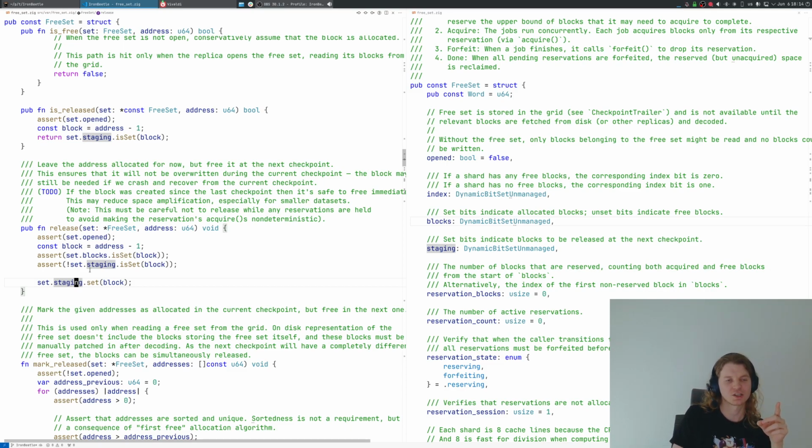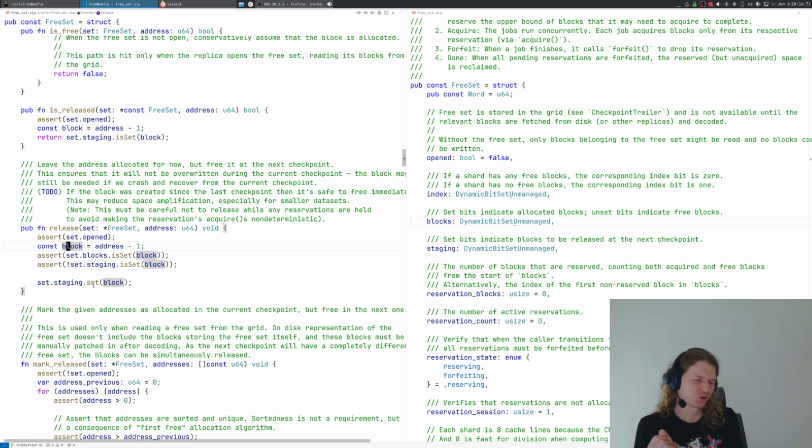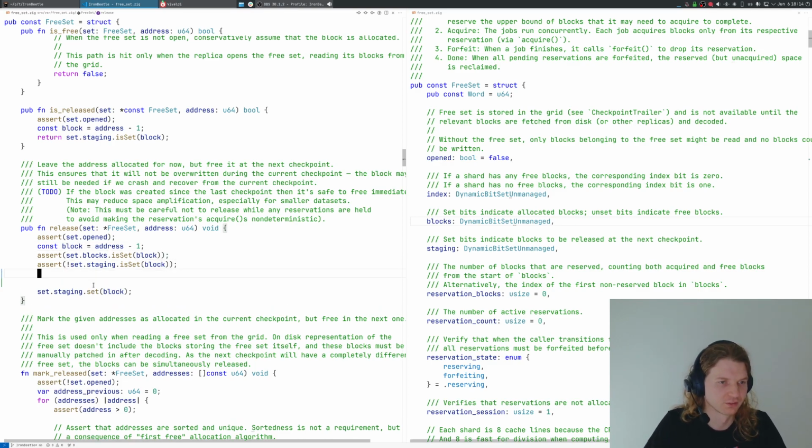One interesting thing here is addressing. The address of a block, a u64, is actually always 1-based. So when we want to toggle a bit, we go and do this minus 1 here. Why is that? Because one of the low-level coding guidelines that we have in TigerBeetle is that zero data is forbidden.